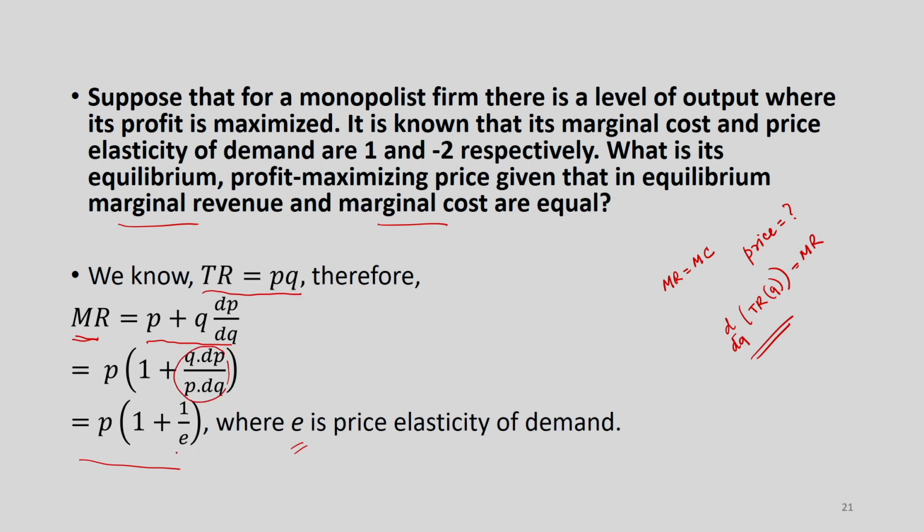Okay. So, that is why I have written this as 1 divided by e. So, the upshot of this small exercise is that marginal revenue is equal to price multiplied by 1 plus 1 divided by e. All right.